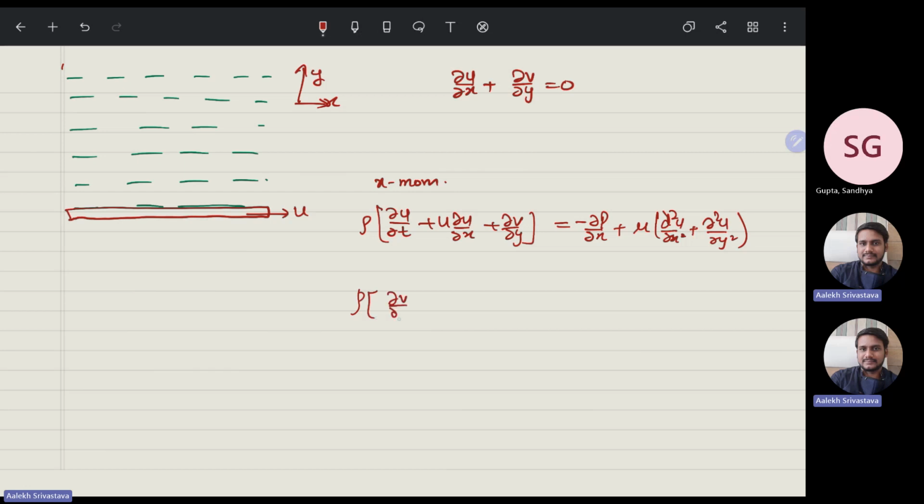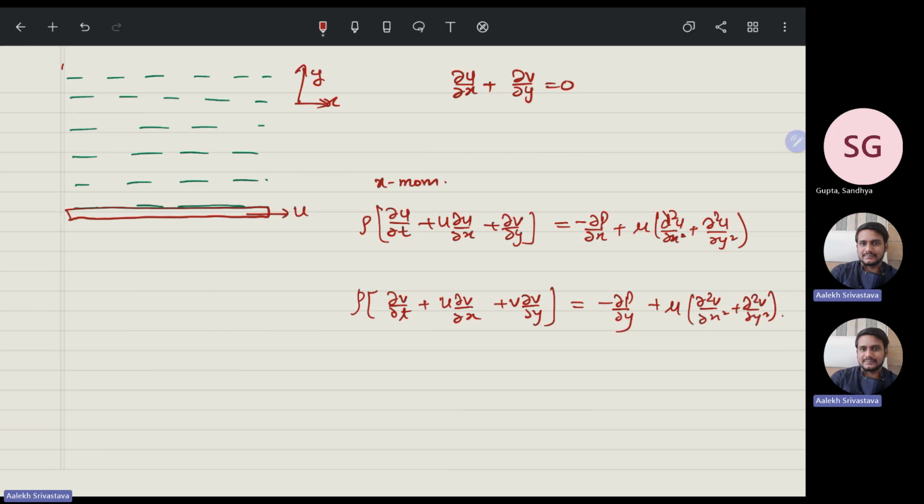And the y momentum: rho times del v by del t plus u del v by del x plus v del v by del y is equal to minus del p by del y plus mu times del 2 v by del x square plus del 2 v by del y square.